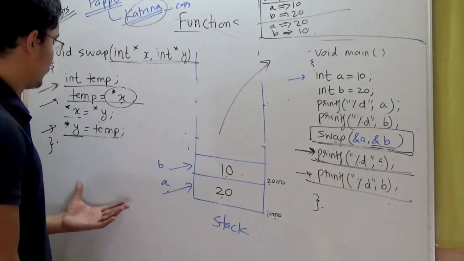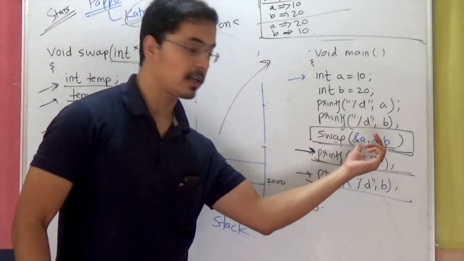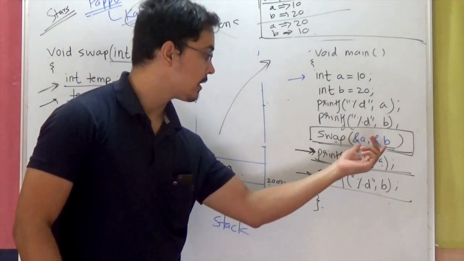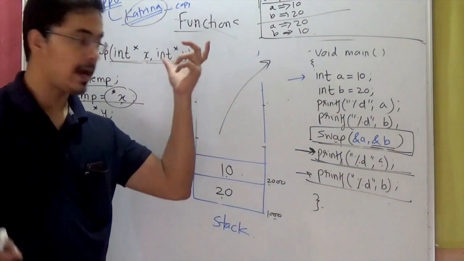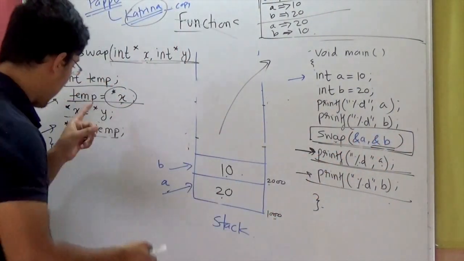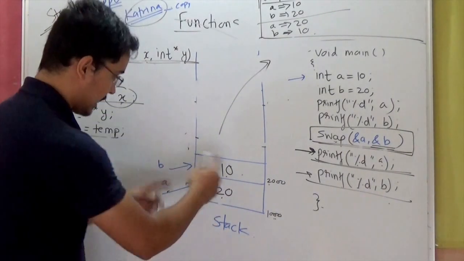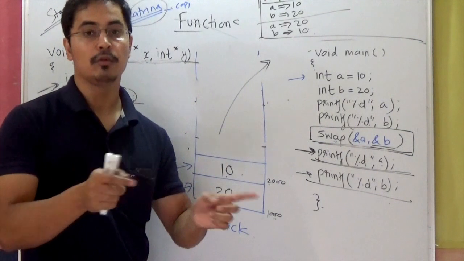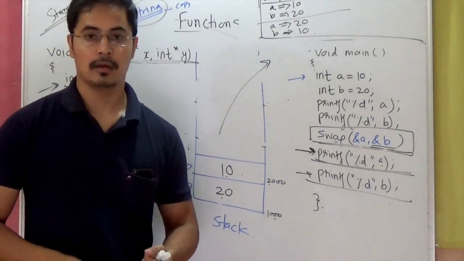So this was passed by address. We did not create a copy of it. We just copied the address. And once we had the address of the variables, we could change their state. We had the star operator through which you could access the value at the address, and that's why you could manipulate the values. So this is passed by address, and this is one of the applications of pointers.